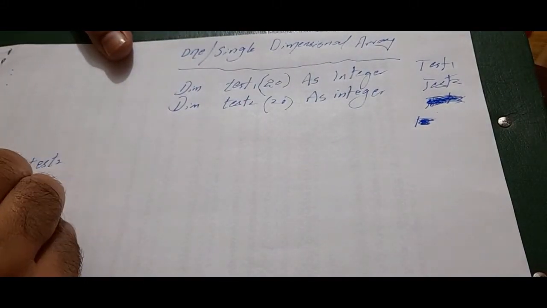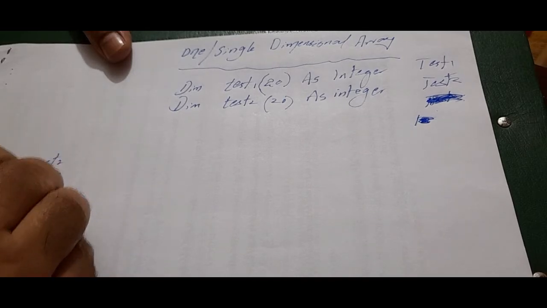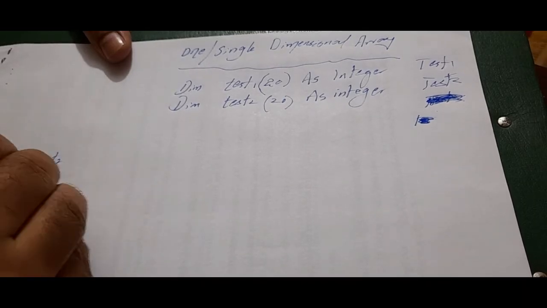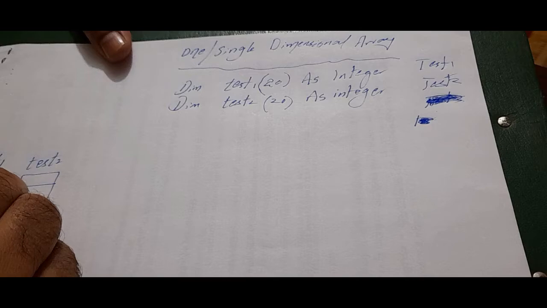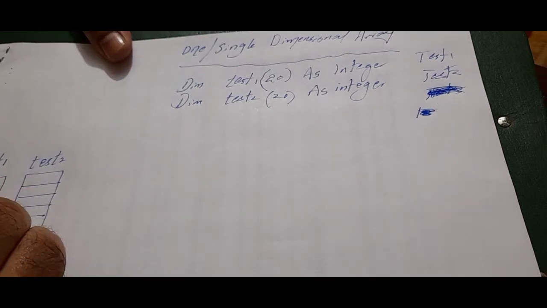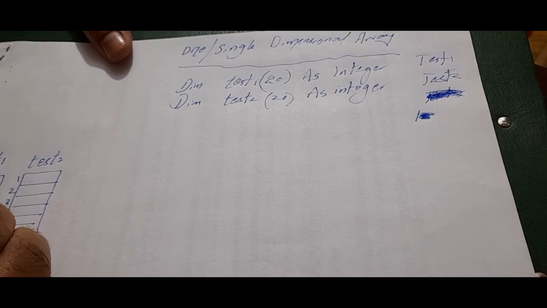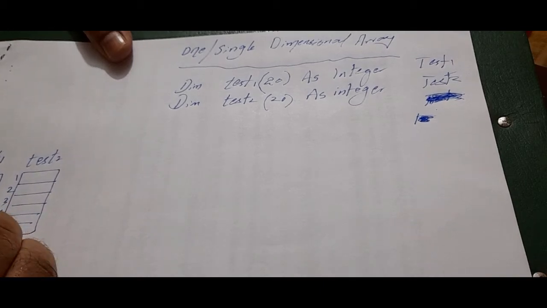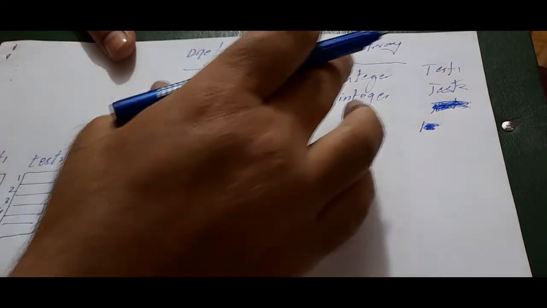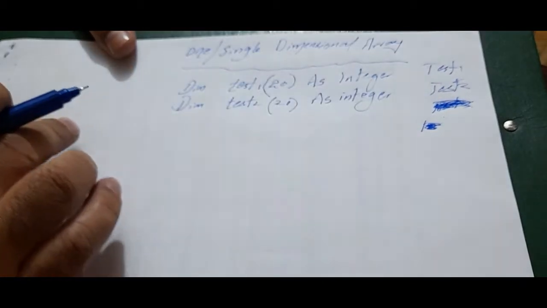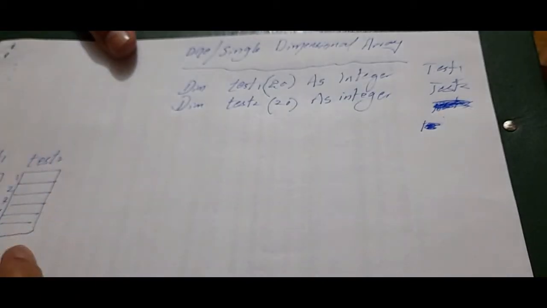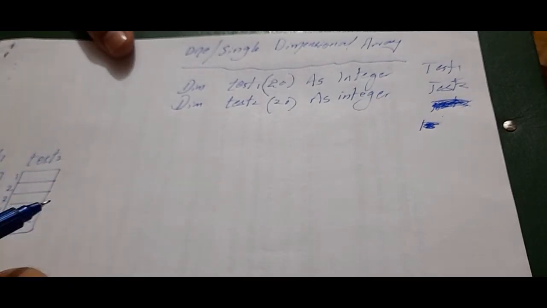For test2 the same thing happens at the back end by the OS, and it makes a block of test2 with different indexes starting from 1, 2, 3, 4, up till the last box with the number 20. So when we declare two arrays, the OS at the back end will make two different blocks and make different locations in each block starting from 1 to 20.